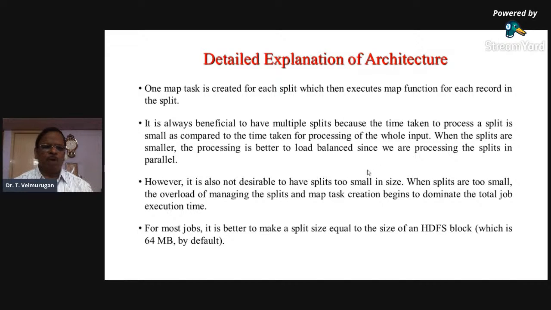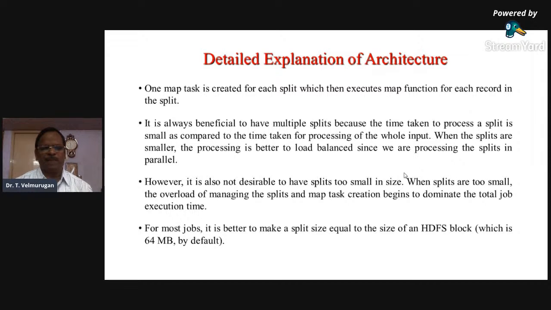However, it is also not desirable to have splits that are too small in size. When we split the text for the mapper functions and the splits are smaller, the processing is better load balanced, since we are processing the splits in parallel.